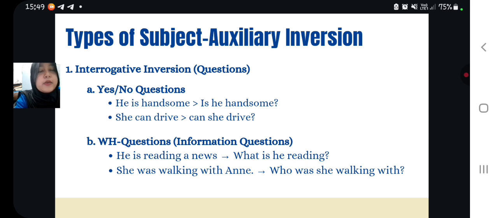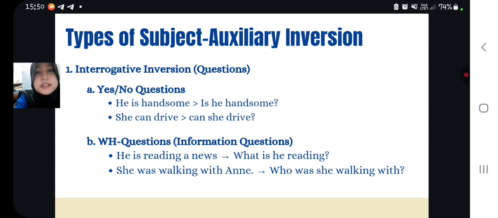In yes or no questions, the auxiliary verb moves before the subject to form a query that can be answered with yes or no. For example, he is handsome becomes is he handsome? Yes, he is. And the second is she can drive, and to become a question with the auxiliary first: can she drive?